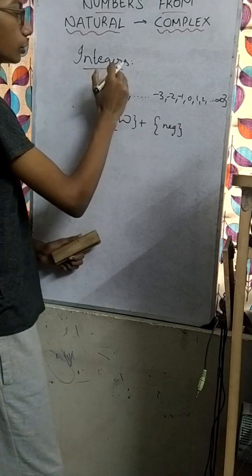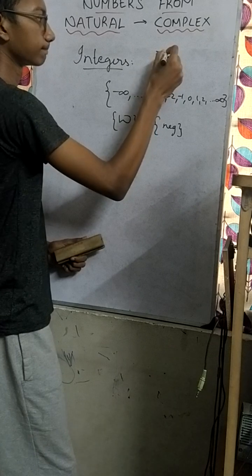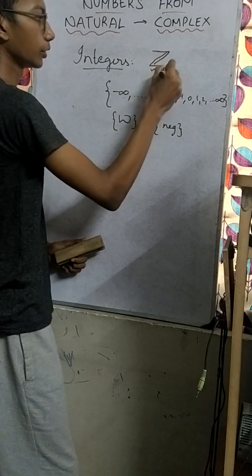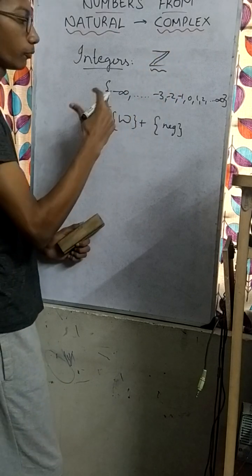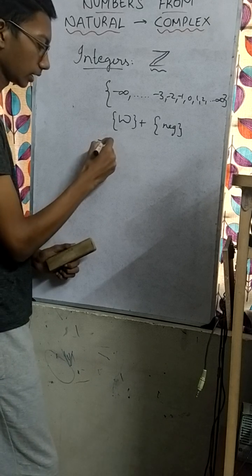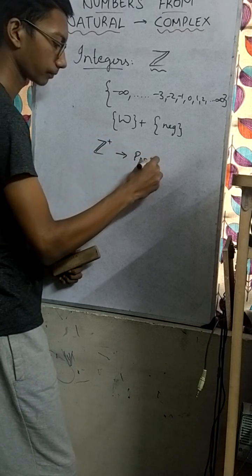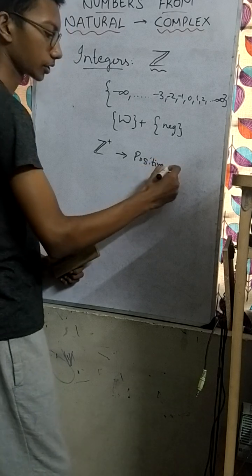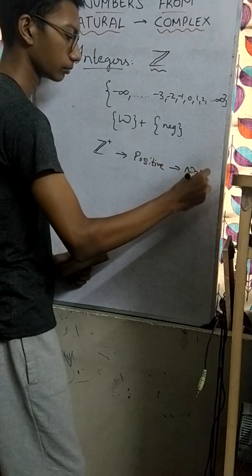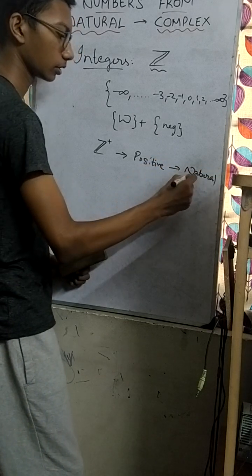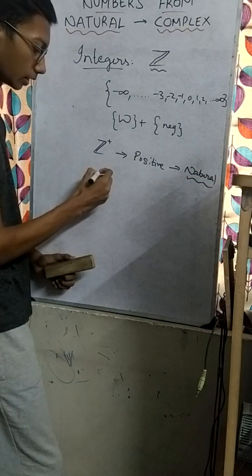The symbol to denote integers is Z. Somewhere you can see something like this, which means positive integers. Or you can say this is natural numbers, because positive integers are nothing but natural numbers.